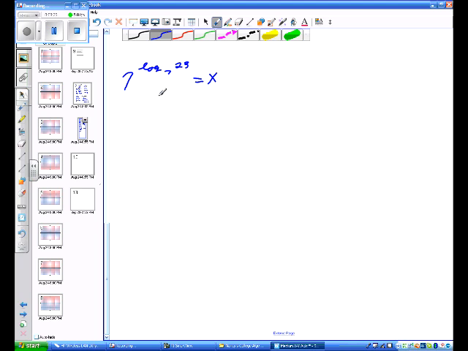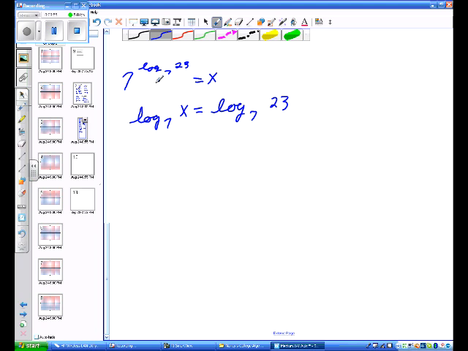Okay, again, instead of writing it in exponential form, let's take the log of both sides. So if we did, then it would be log base 7 of x is equal to log base 7 of 23.